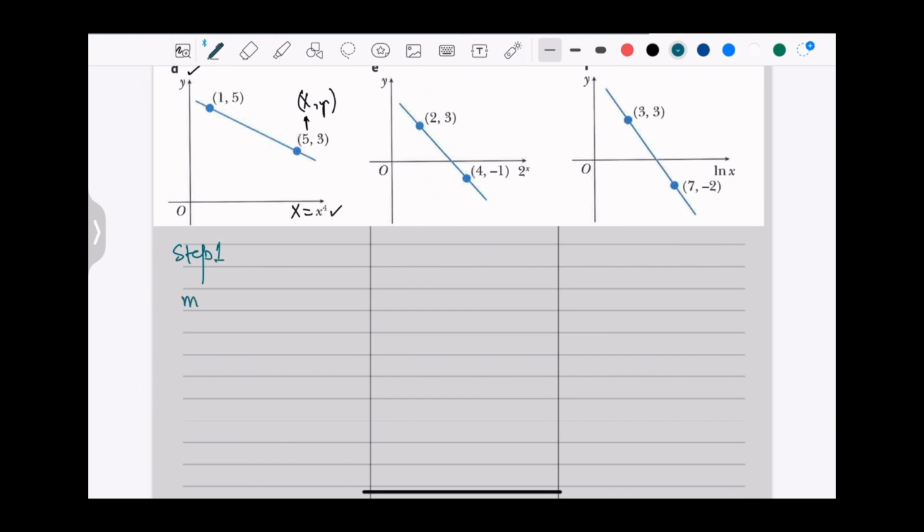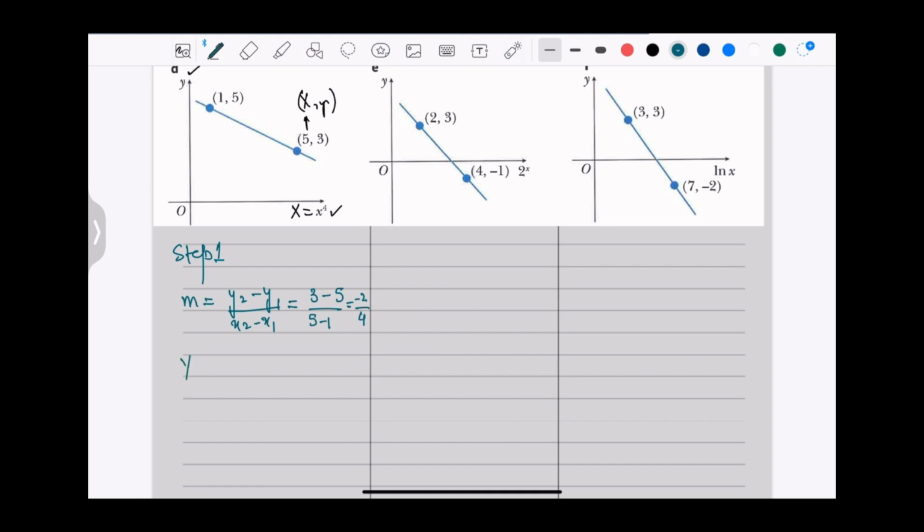So your step 1 is, after seeing this, make the equation of the line. The gradient m equals y2 minus y1 over x2 minus x1. In this case 3 minus 5 over 5 minus 1, which is negative 2 over 4 or negative 1 over 2.